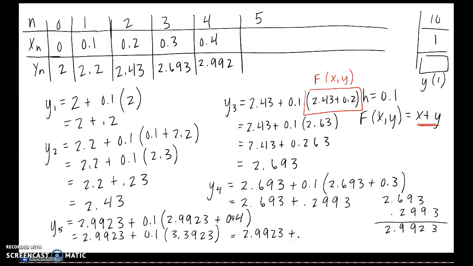Move the decimal to the left one, please. And now when I add these together, I get 3.33153. So when I then take this decimal and I round it to 3 decimal places, in my table I would put 3.332.